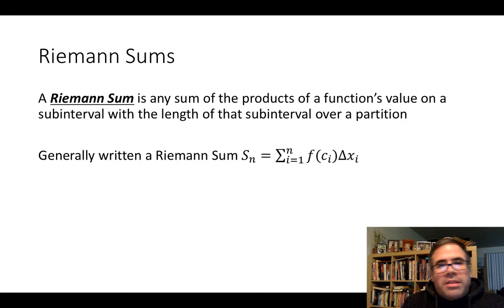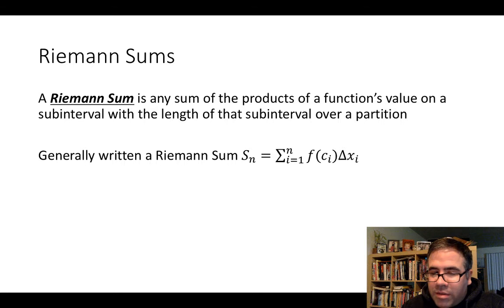I highly doubt that you'd actually remember this. Generally written, a Riemann sum, which we use capital S sub n for, with n terms in it, is the sum from i equals 1 to n of the function of some number c sub i, which might change over i or might not, times the length of the ith subinterval.